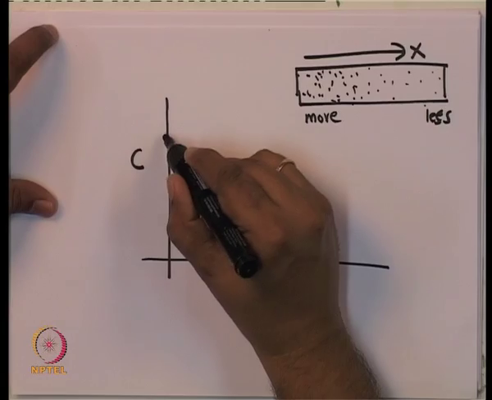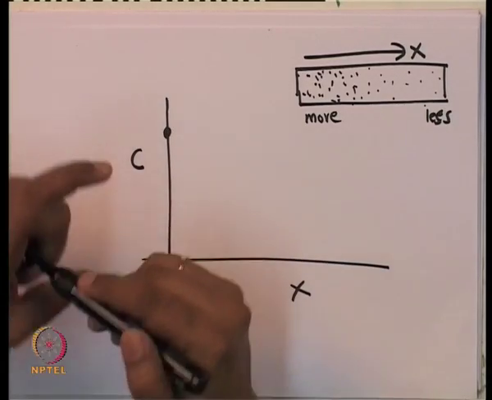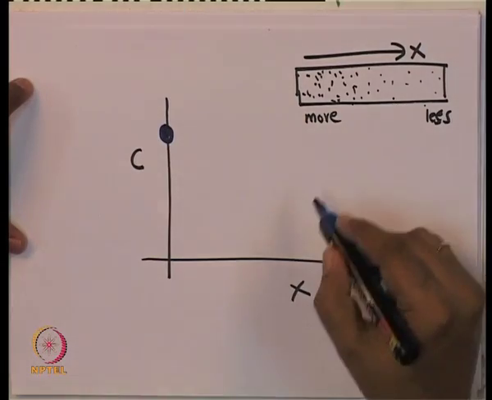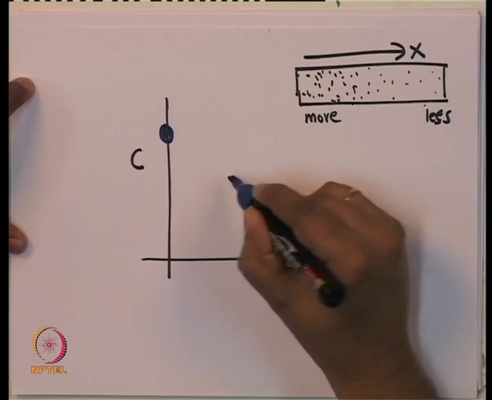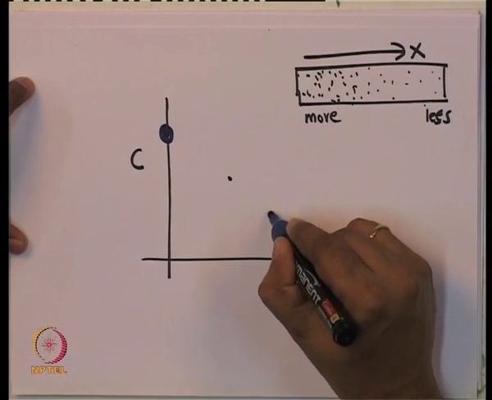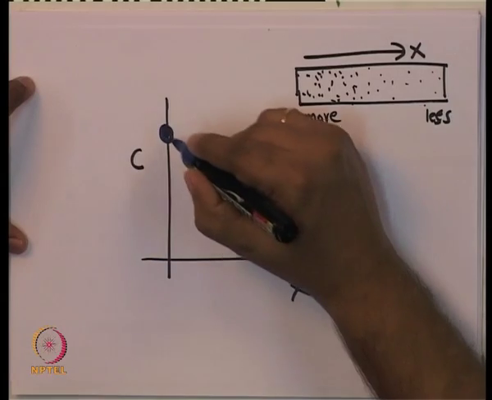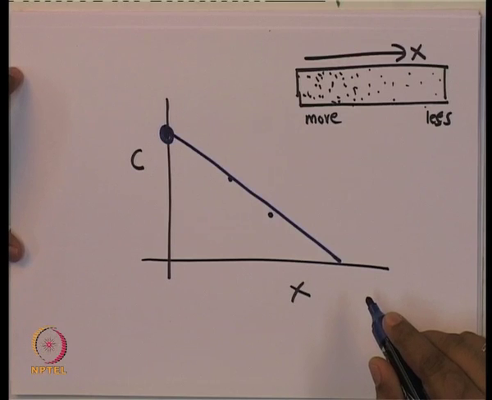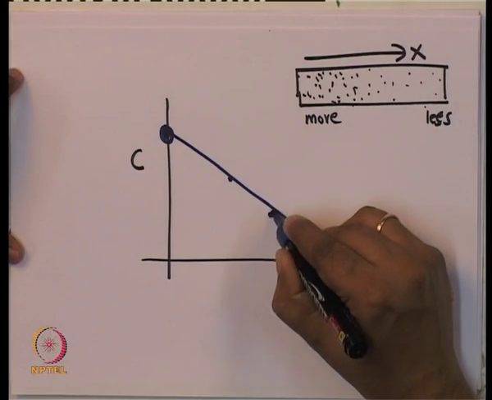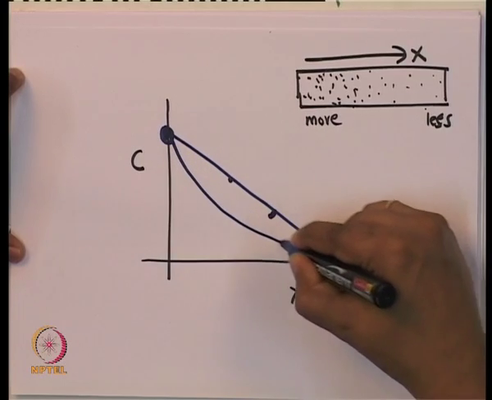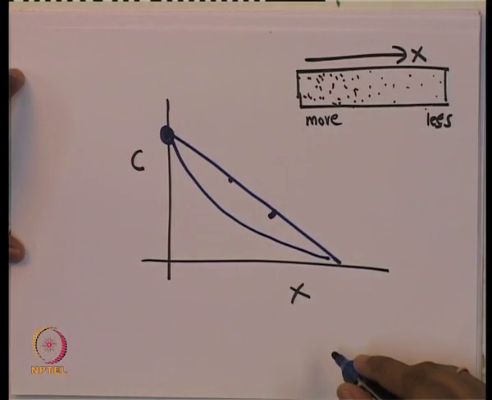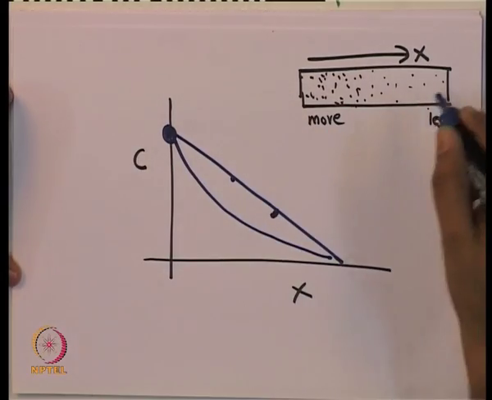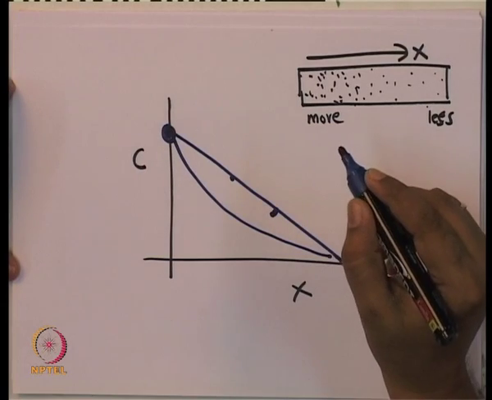At the left end you have large concentration, and as we go a little further the concentration decreases, and further you go the concentration decreases. It need not decrease in this particular way, it can decrease in this way also. We do not know which way it is decreasing, but it is clear that the concentration is decreasing as we go along. That much is clear.